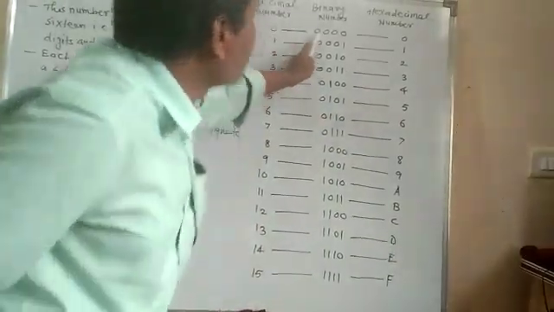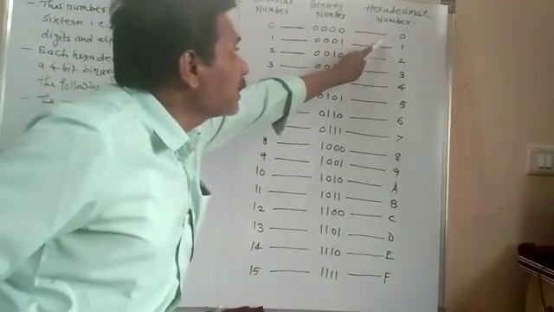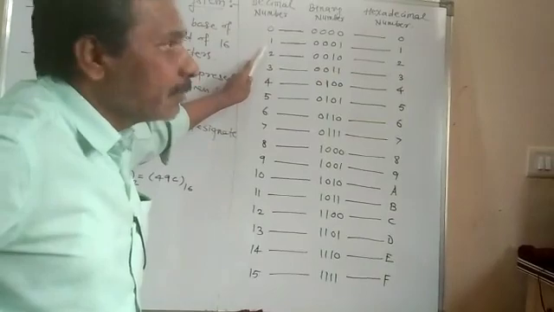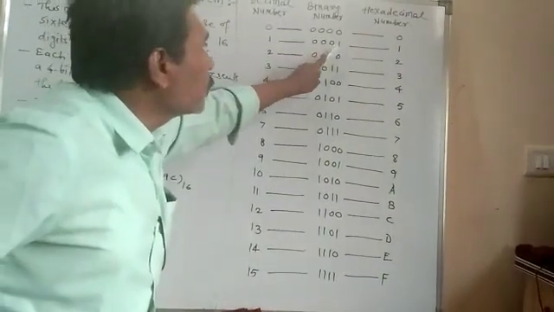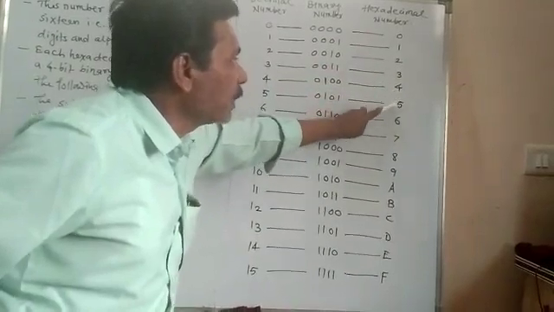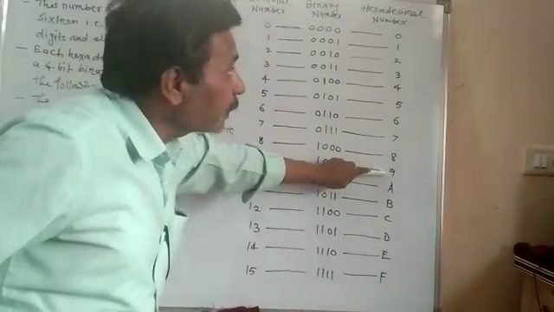This 0 is represented in binary as 0000, and in hexadecimal this 0 is 0. This 1 is 0001 in binary. Here 2, 3, 4, 5, 6, 7, 8, 9.